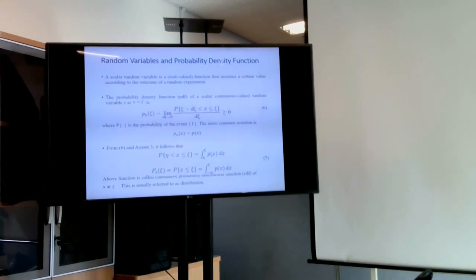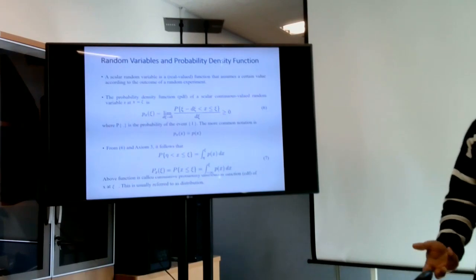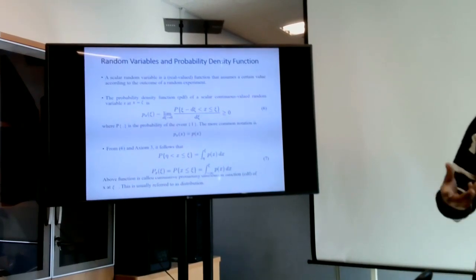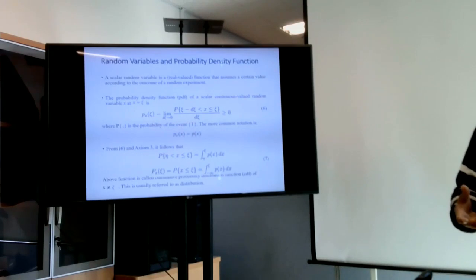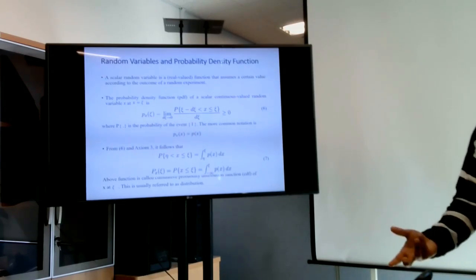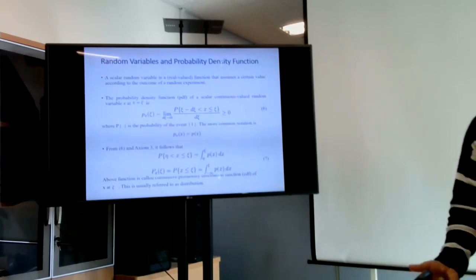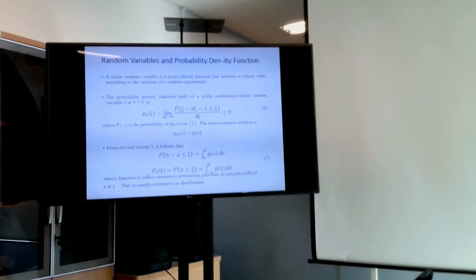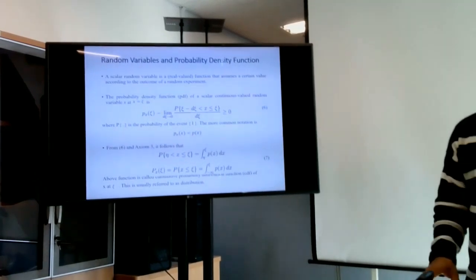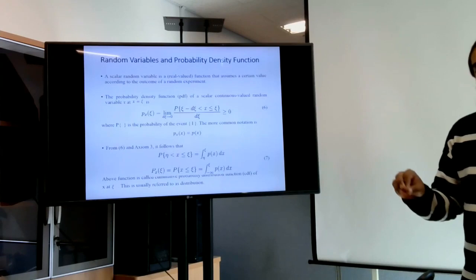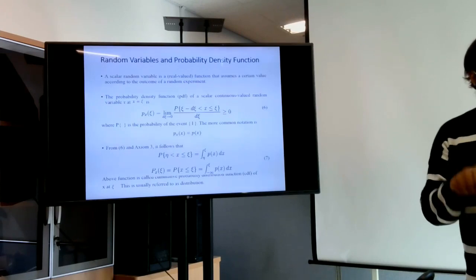Means in a die rolling experiment, the random variable cannot be 7 or 8, because there is no 7 or 8 in the sample space. So a random variable can be any number, but it must lie in the sample space.